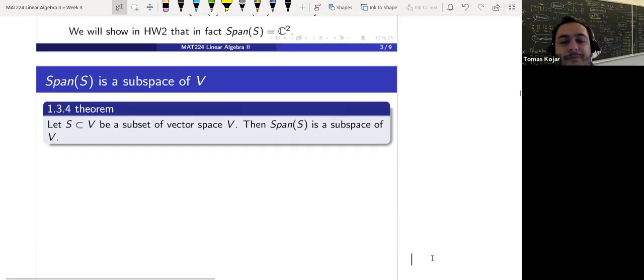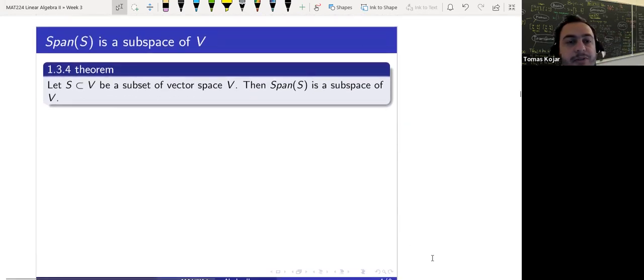Okay, so now let's prove some results. One result is that given any subset of that vector space, if you take its span, then that span will be a subspace.